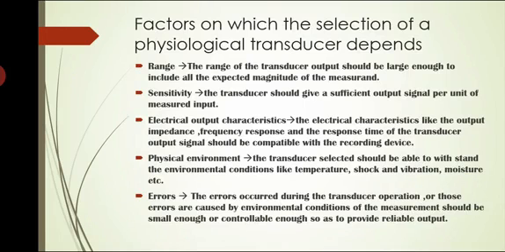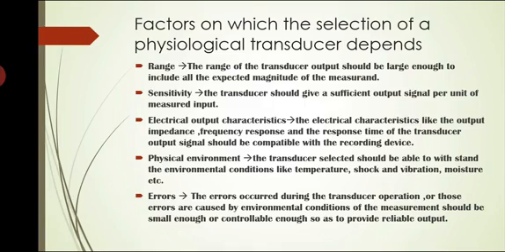Now we will see the factors on which the selection of a physiological transducer depends. The first factor is range. The range of the transducer output should be large enough to include all the expected magnitudes of the measurement. Second, sensitivity.